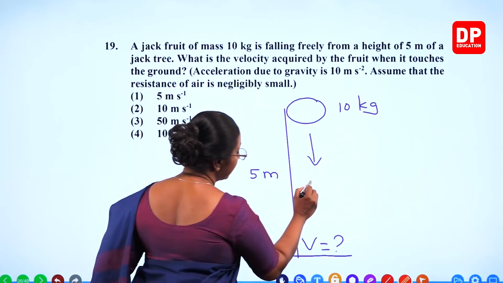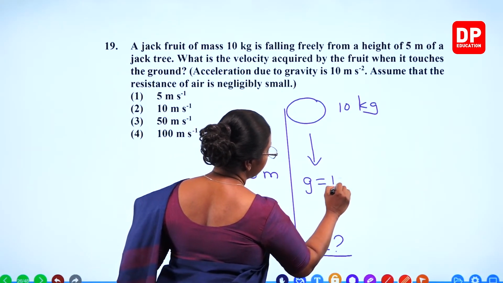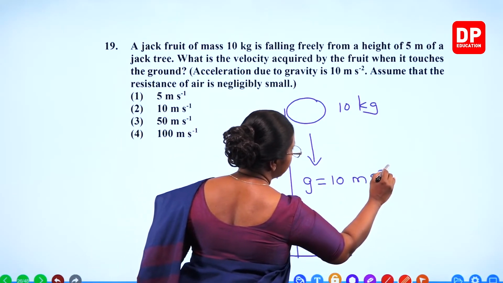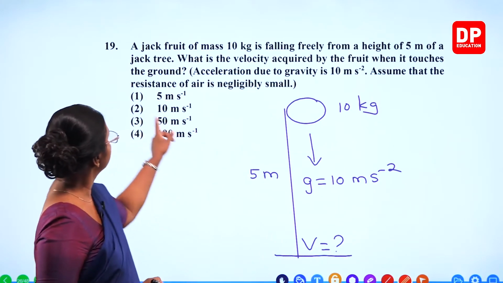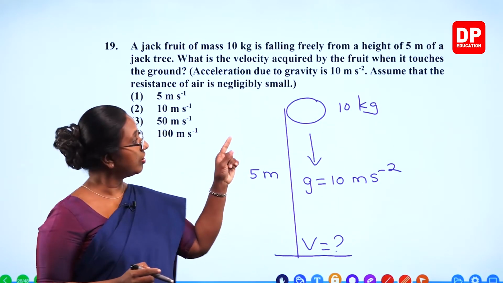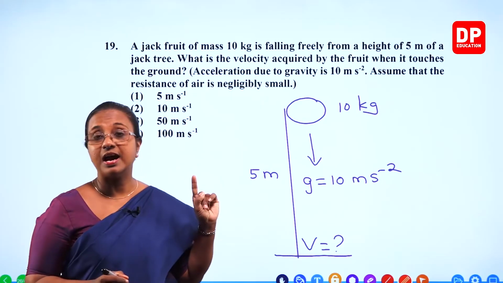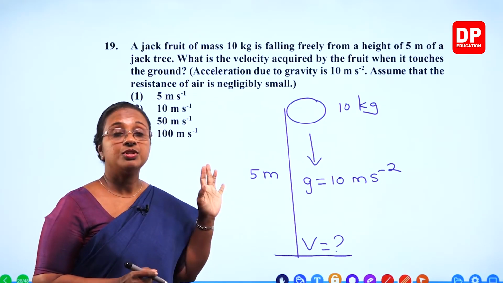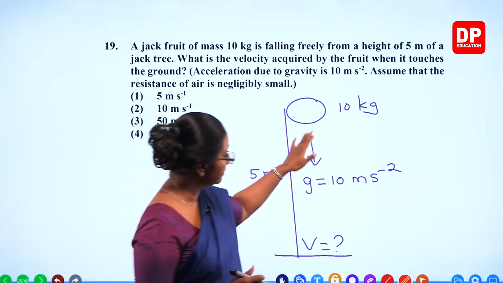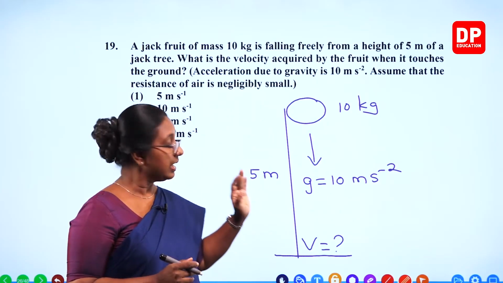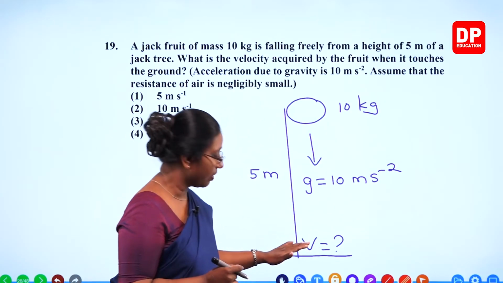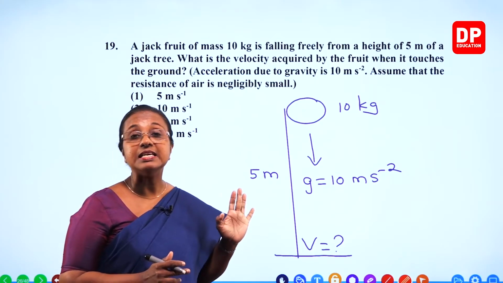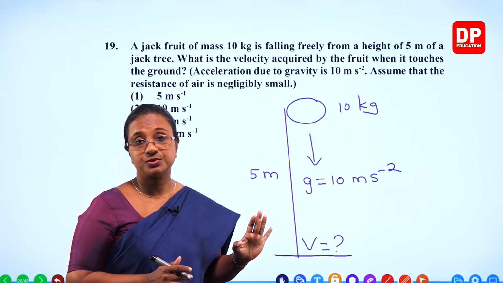The gravitational acceleration g is given to you as 10 meters per second squared. And also you have to assume that the resistance of air is negligible. So there is no effect due to the resistance of air. Now if you want to find the velocity, what is the easiest method that you can use?